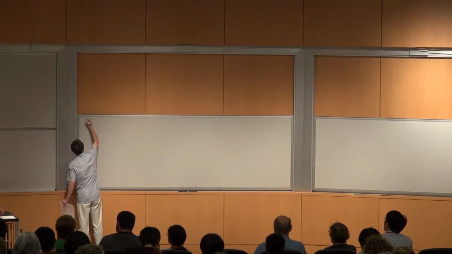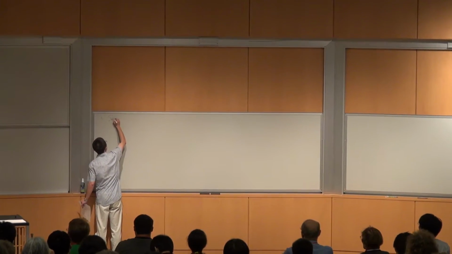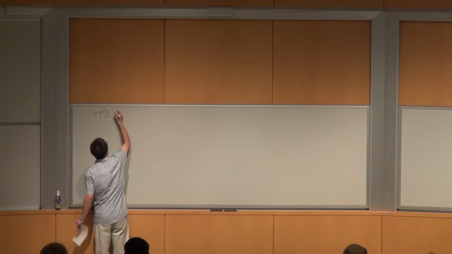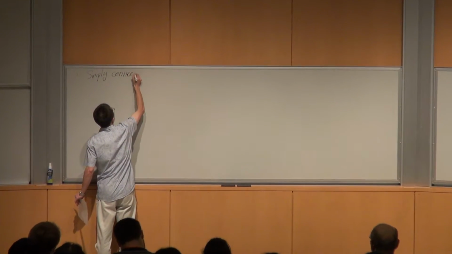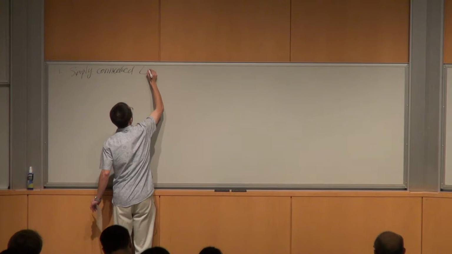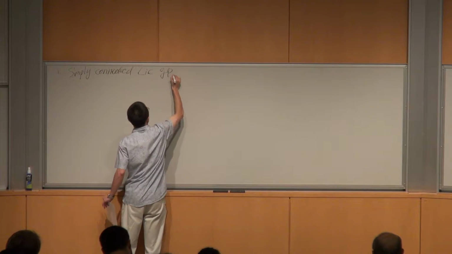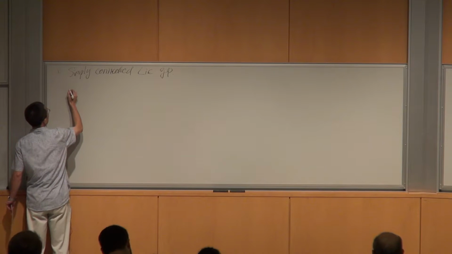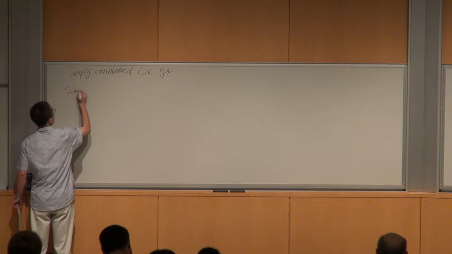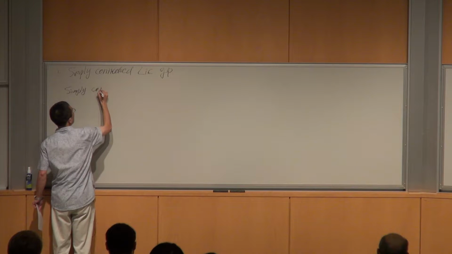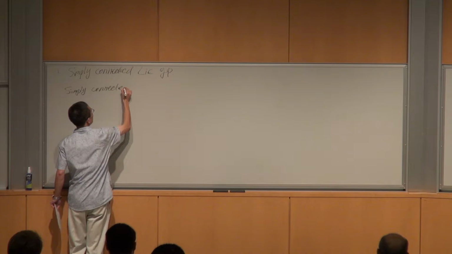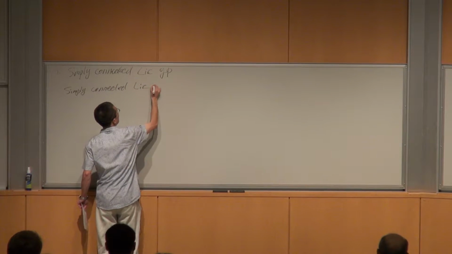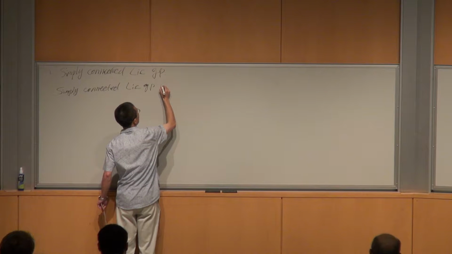So, simply connected Lie groups. And we know that the simply connected Lie groups are classified by Dynkin diagram.